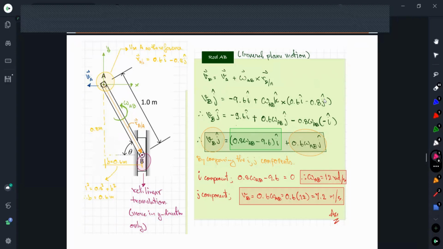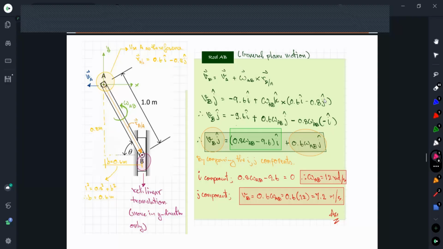We already know velocity of point A, and omega AB is the unknown that we would like to solve. The position vector of point B with respect to A we can find from the picture, where we set up the axis at point A.